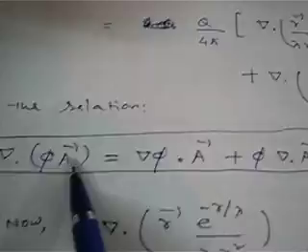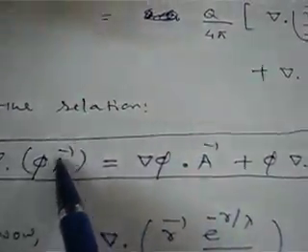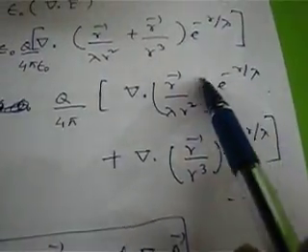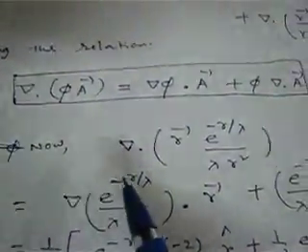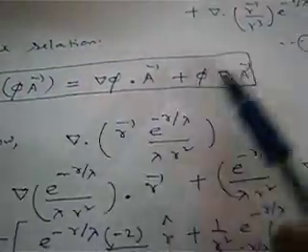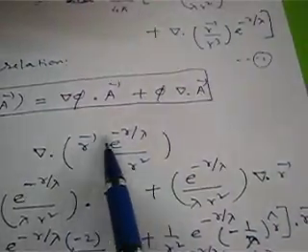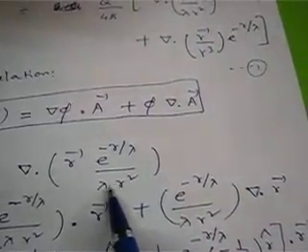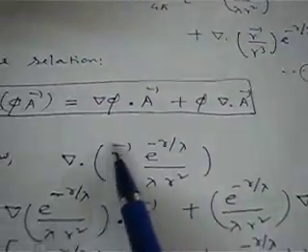Phi is a scalar, a is a vector. So here this r vector may be treated as the a vector and this scalar portion may be treated as phi. Applying this vector identity, let us find the divergence of r vector by lambda r square e to the power minus r by lambda. This is the scalar, this is the vector.